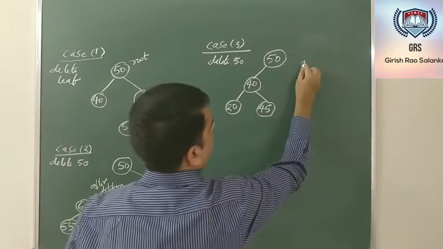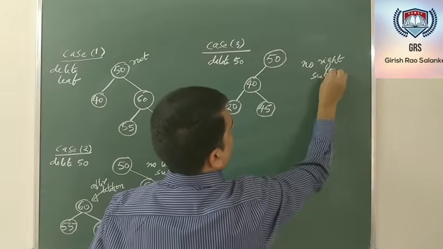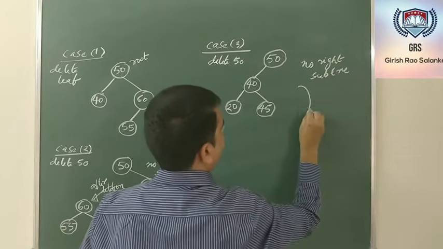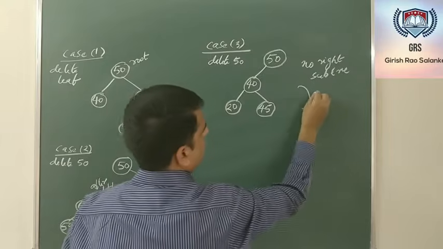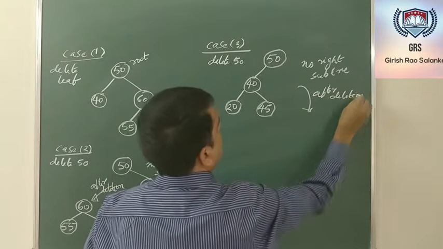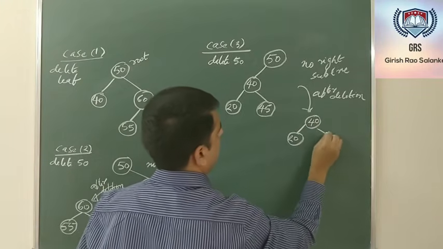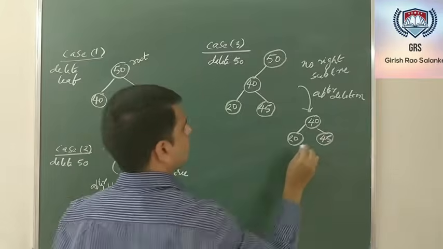Now here I will assume that there is no right subtree. If there is no right subtree, then after deletion, my tree will be 40, 20 and 45. It's quite easy.